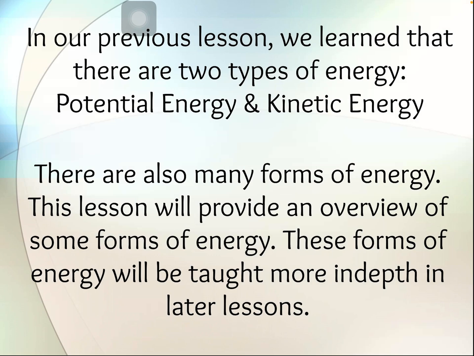It can be gravitational, it can be elastic, and it can be chemical. And then we have kinetic energy, which is when that energy is being utilized, the energy of motion. There are also many other forms of energy. This lesson will provide an overview of some of those forms, and we'll get into them in more depth as we go along.